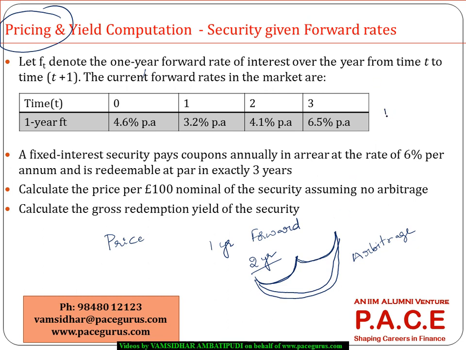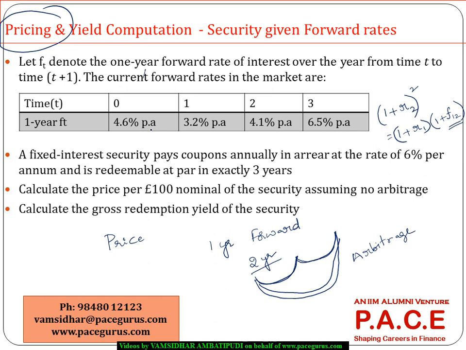The other way of talking about it: if the 2-year rate is R2, 1 plus R2 squared should equal 1 plus R1, which is a 1-year investment, and then reinvesting the same at some other rate F, which is the interest rate between 1 and 2 years. These two should be the same, and this is what we call the forward rate.